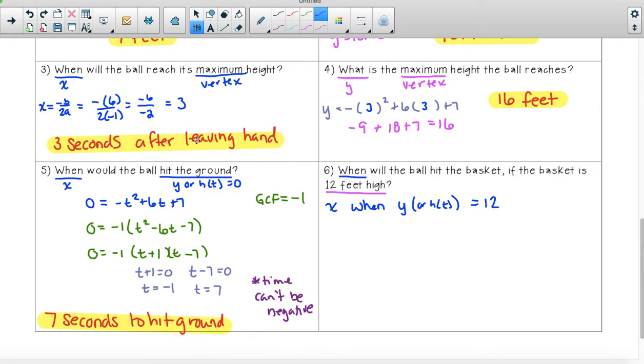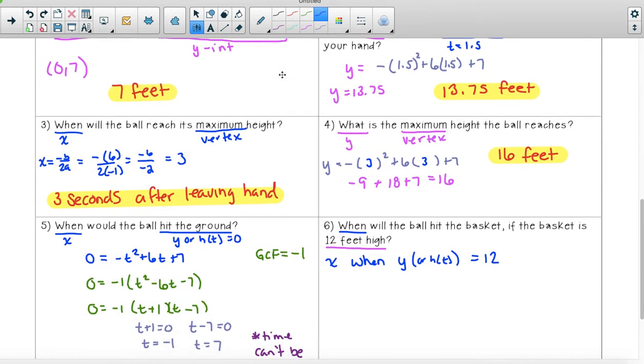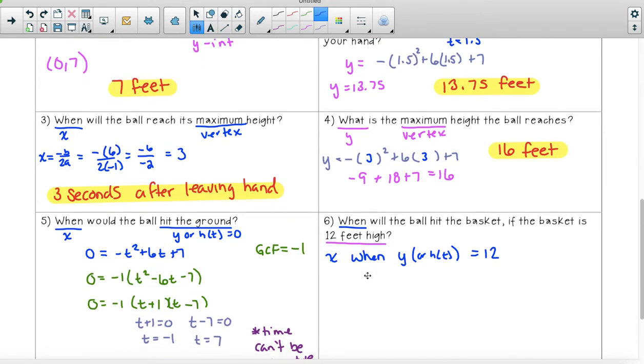So we're going to take that equation again, but instead of h of t, we're going to get completely rid of the h of t and put 12. So we're going to put 12 equals negative t squared plus 6t plus 7.